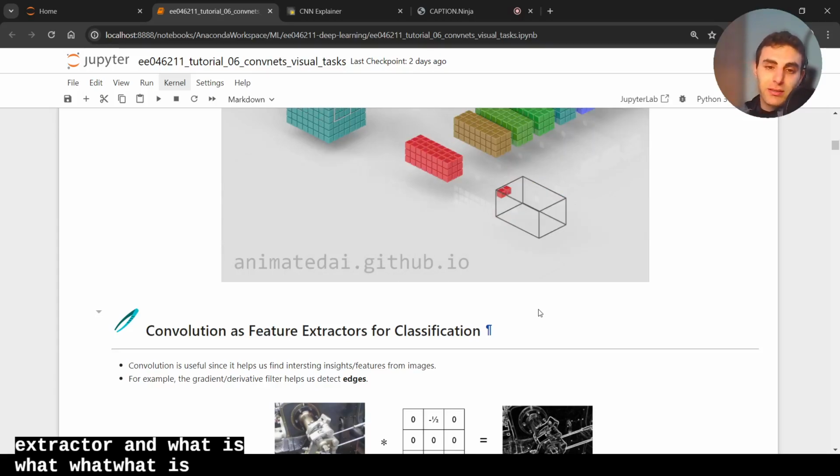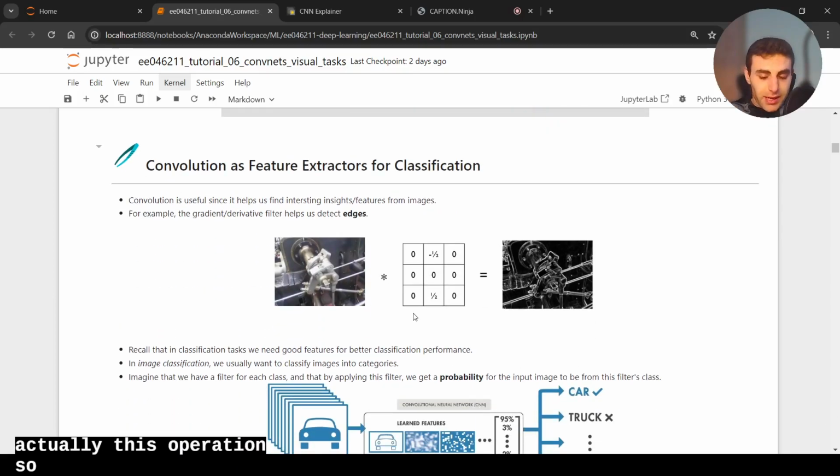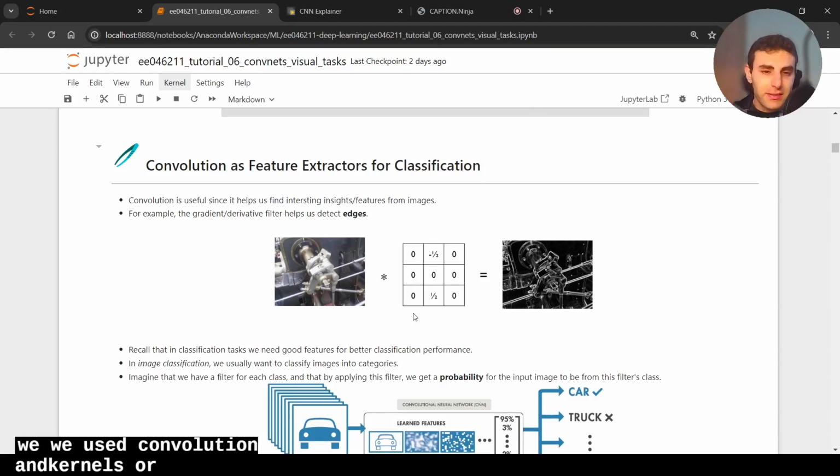and what is actually this operation. Okay, so in classic computer vision, we used convolutional kernels, or just kernels, to detect several properties of an image. So for example, you can see here we have the derivative kernel. So the idea is that when you run this kernel over your image, it will detect edges. So you can see what happens here.